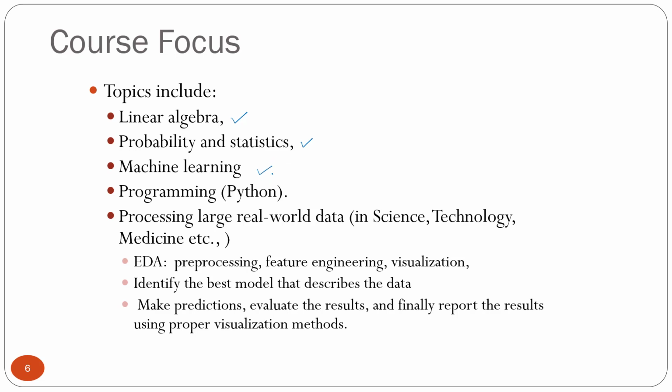We will discuss machine learning as well, your projects and homeworks where you are supposed to do programming. I would encourage you to use Python, and your project and your homework will involve processing large real world data, and that data could come from science, technology, medicine. There's so many domains from which you can get the data.